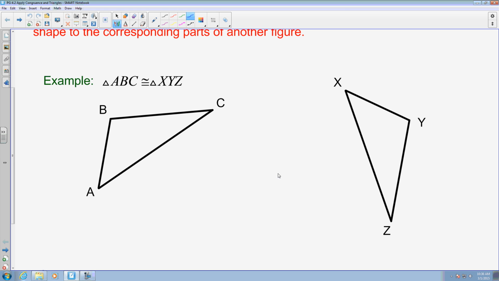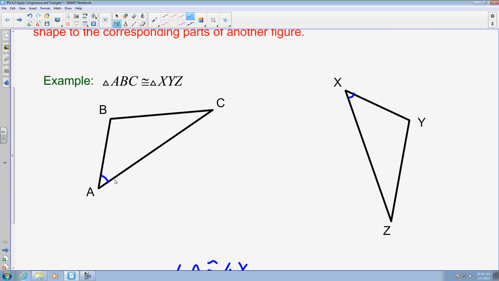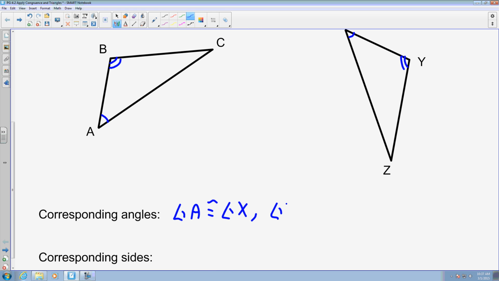So the first one is angle A, and the first one in the second triangle is angle X. So since they're both first in the naming, I can say that angle A will be congruent to angle X. And the next one would be the second letter, which would be B, and also Y. So then I can say that angle B is congruent to angle Y. And then finally, looking at the third letter in the naming, I got angle C is congruent to angle Z.